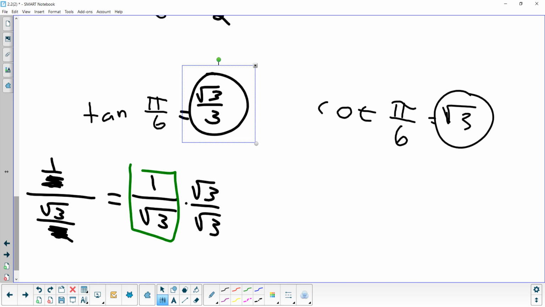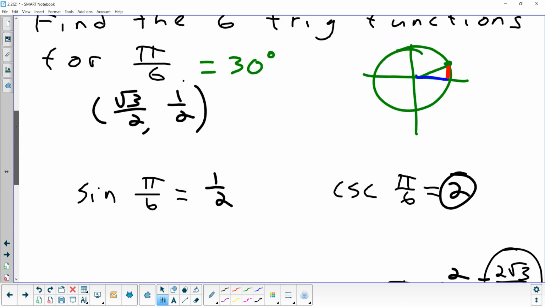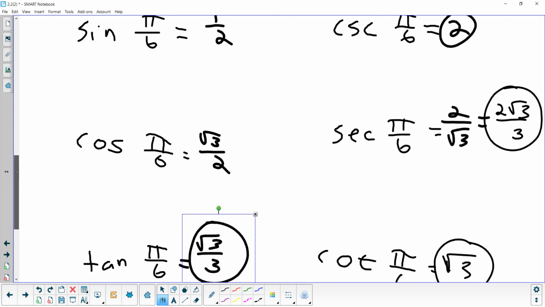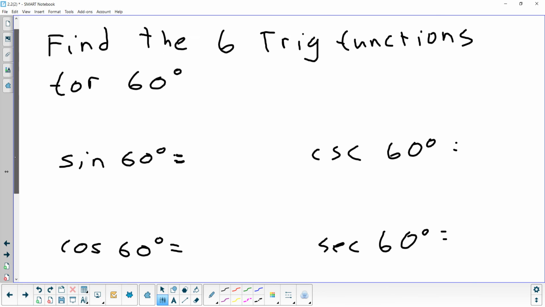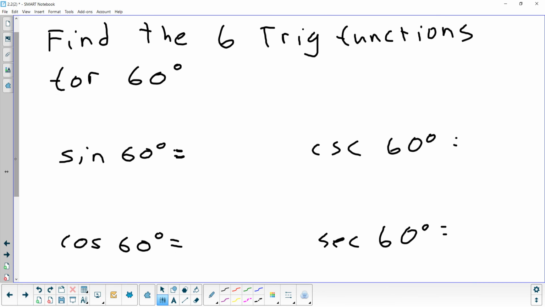All right, so those are the 6 trig functions for 30 degrees. Any questions on those? All right, I want you guys to try the 6 trig functions for 60.